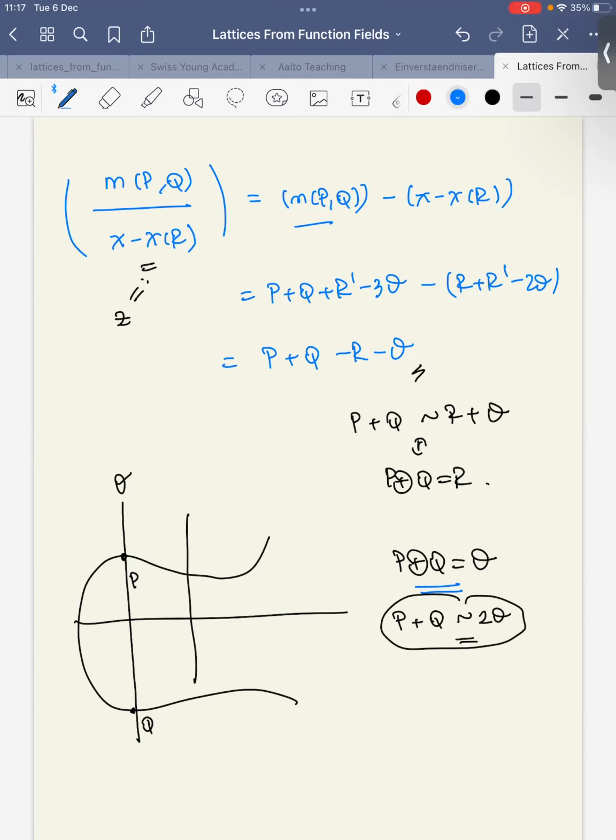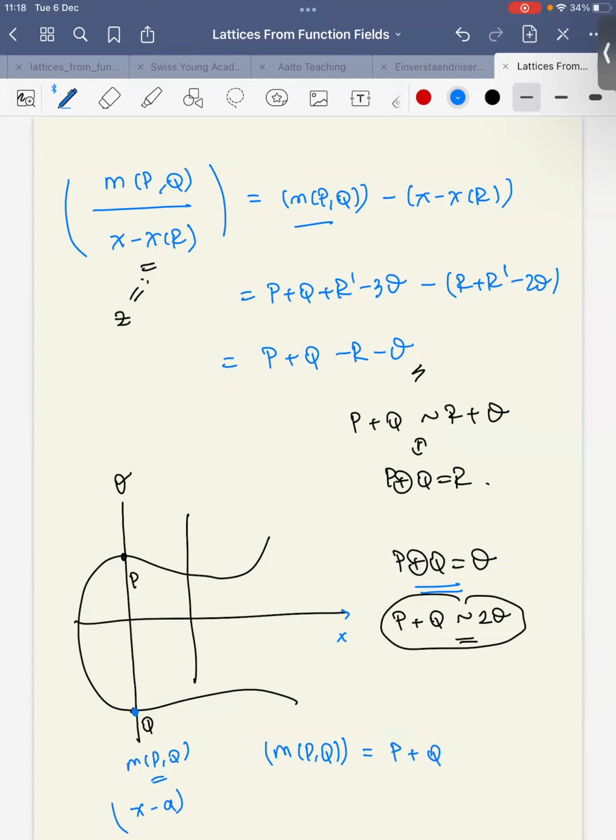Let me denote the line passing through P and Q by M of P and Q. In this case, the principal divisor of M of P and Q is going to be P plus Q, and this is going to be a line in the form of x minus the x coordinate of something, right?